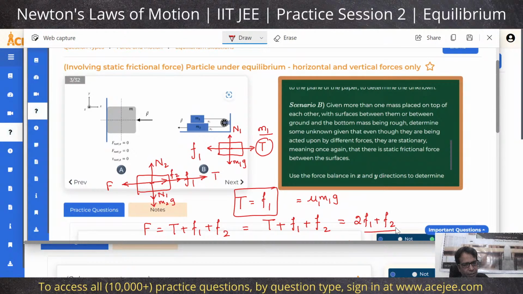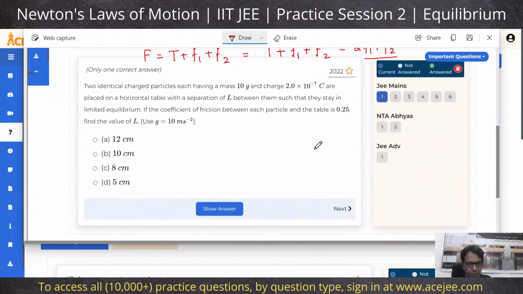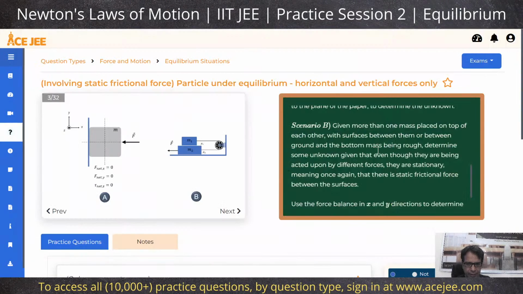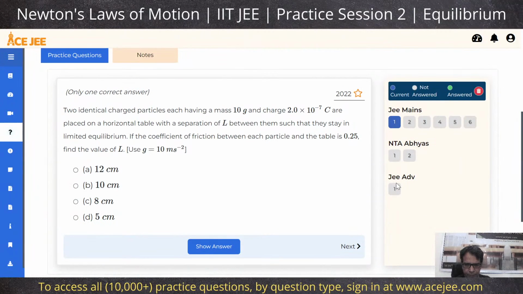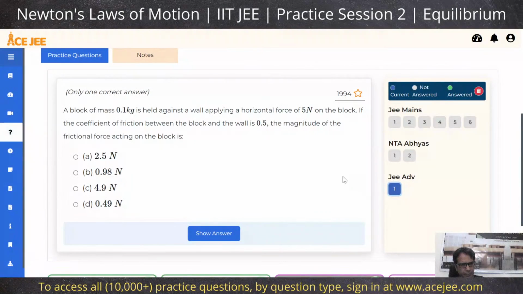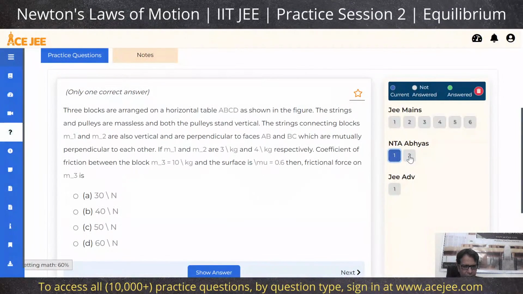So let's see if we can find an actual problem, and then we should be able to get a better perspective on this one. Let me quickly try and find it. By the way, this is the question we looked at. Oh, this seems to be simpler.